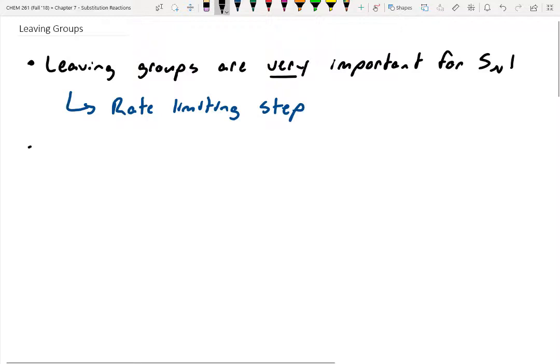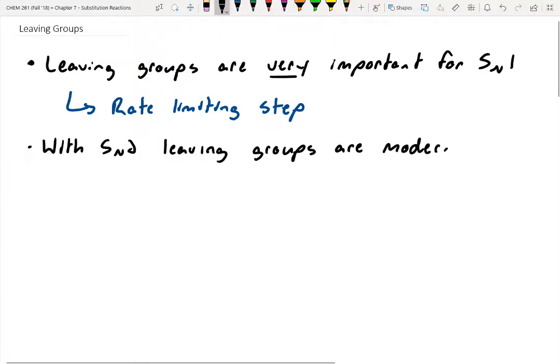All right, if we think about SN2 reactions, leaving groups are only moderately important. The leaving group falling off is involved in the rate limiting step, but what's the other half? The nucleophile attacking, right?